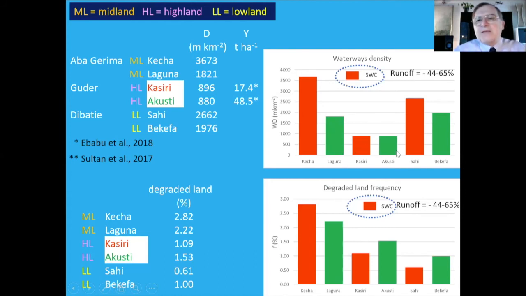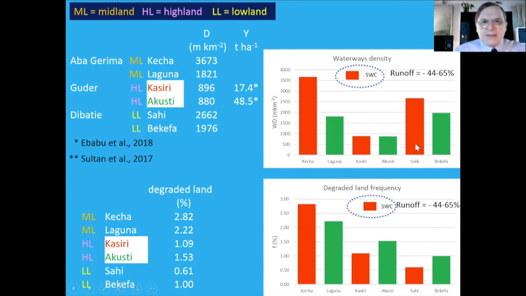And in Guder, more or less the same density. In Dibate, the situation is similar to Abagerima, with the soil and water conservation practice catchment having a higher density of waterways. So we should expect to have an important contribution of sediment coming from this catchment.